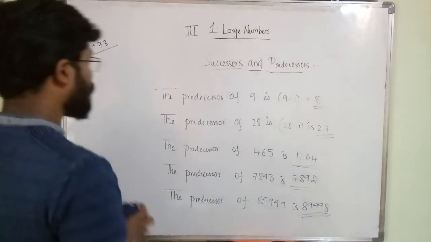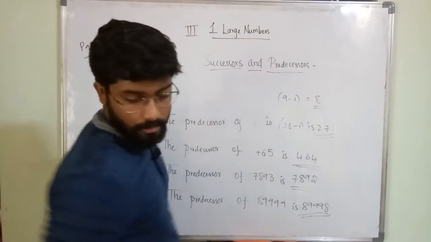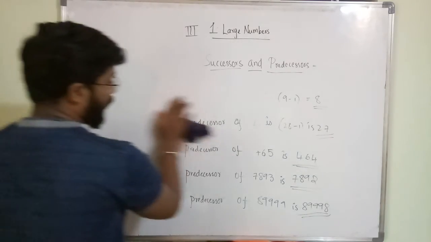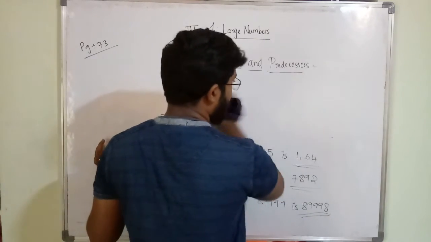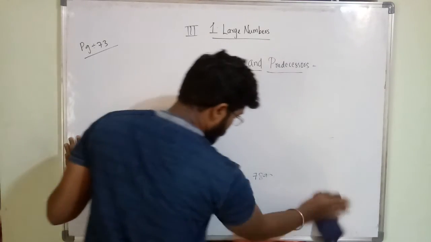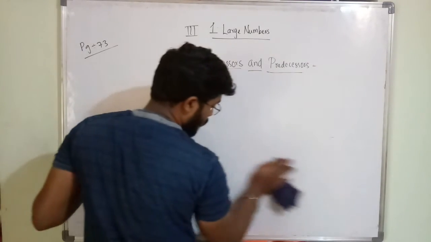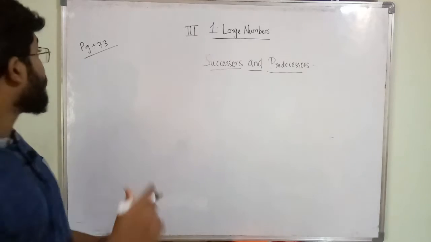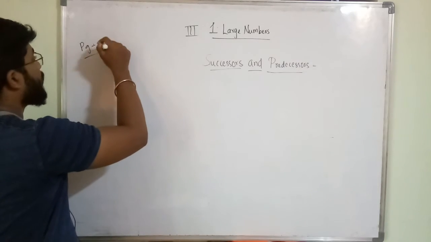So let us see on a number line. If I represent the successors and predecessors on a line, how will it be? Clear? For your understanding, I am drawing this. Okay, in your page number 74, he has given a number line.